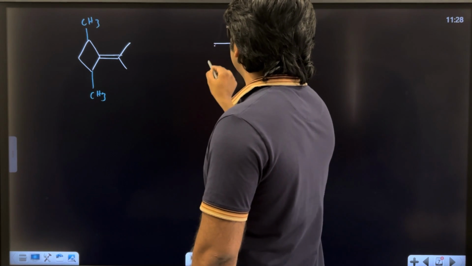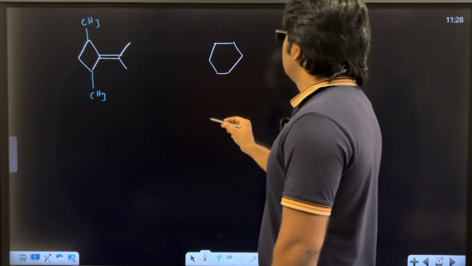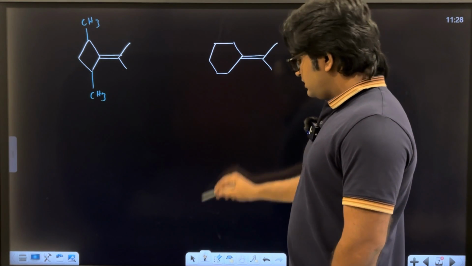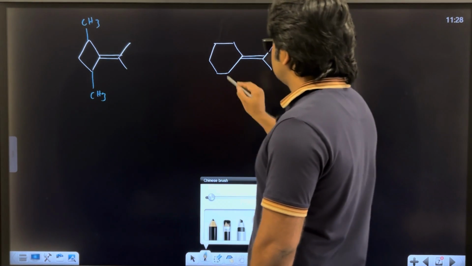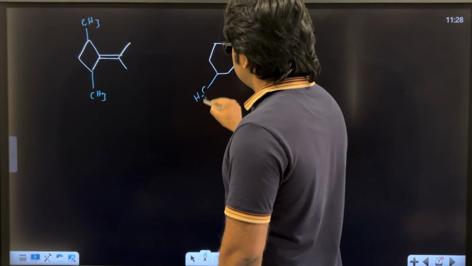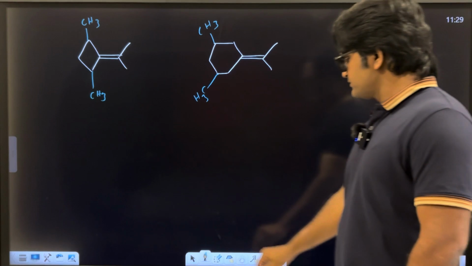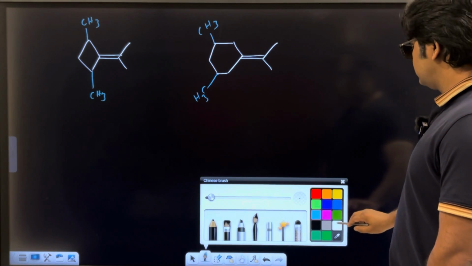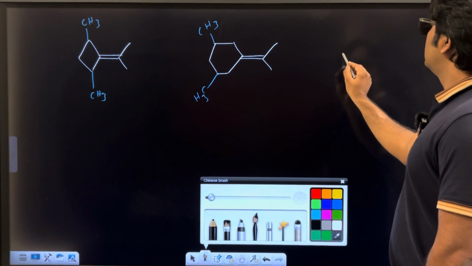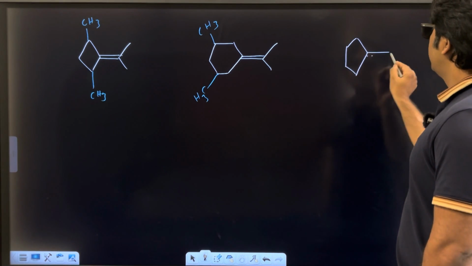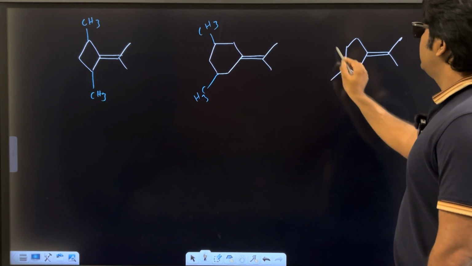Yes, there is a 6-membered ring system, there is a double bond, right? Methyl and methyl, and here substitution given like this, CH3 and again CH3. Okay, let me give one more molecule. I am taking here a 5-membered ring system, double bond, methyl and methyl.